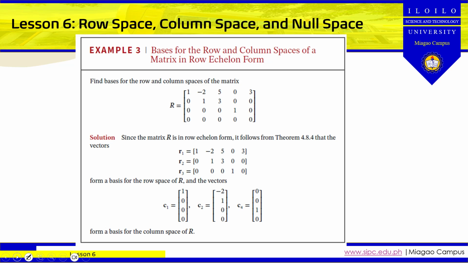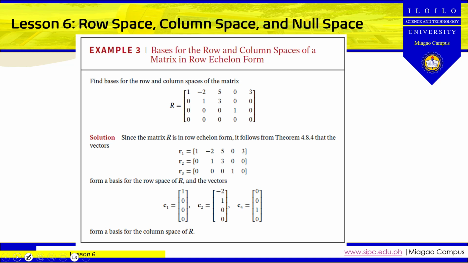It forms a basis for the row space of R, and the vectors C sub 1, C sub 2, C sub 4 form a basis for the column space of R, as you could see here.